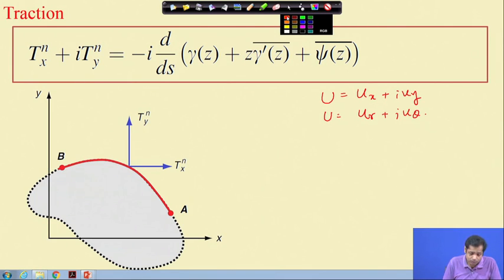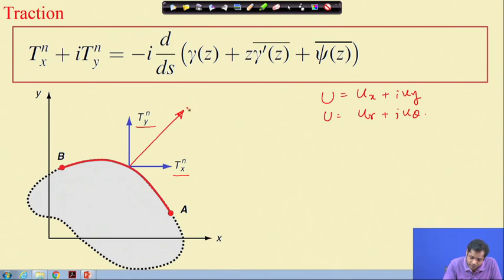Now, suppose we take any arbitrary domain, and suppose A B is the boundary where the traction is specified, and suppose the component of the traction in x direction is T x, and the component of traction in y direction is T y, and n, if you recall, is essentially the outward normal at this point of the surface. So, the tangent to this surface at this point is related to this outward normal, and that's why this n is written here.